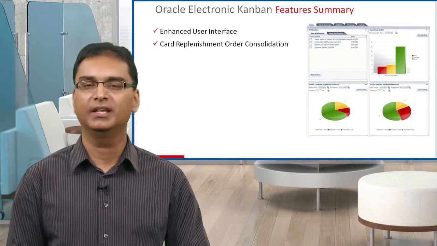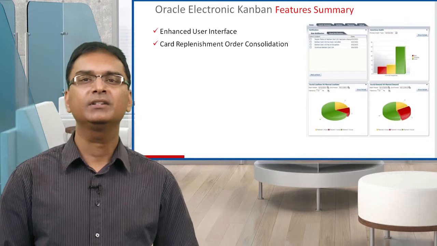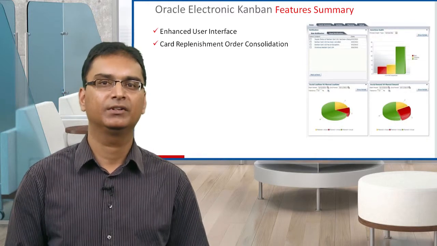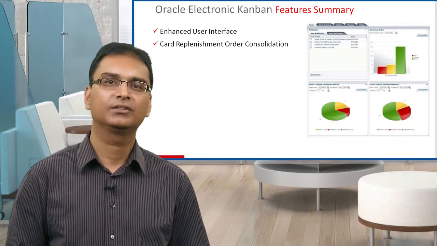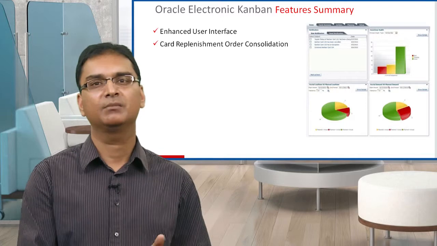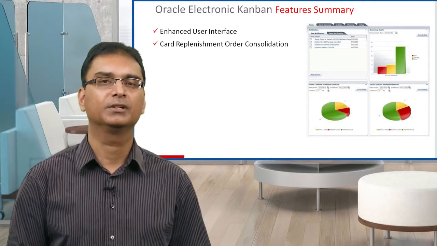Maybe it could be once a day or twice a week or maybe only on Fridays. Now it's possible to set up all these consolidation rules of any predetermined frequency and send those replenishment orders at that frequency, rather than every time a card gets replenished it triggers a replenishment order.